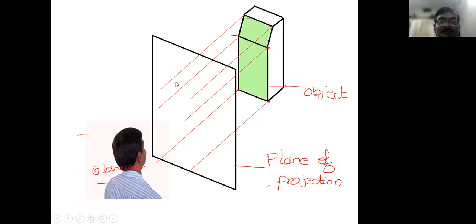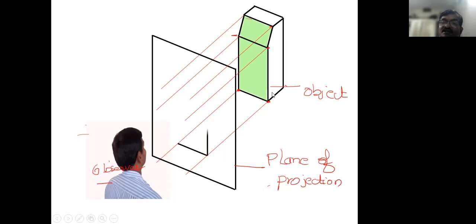Now on the plane we have to draw the views. On the plane, parallel to this object, from here to here we draw the edge, corner to corner, the same parallel line, but drawn on the plane of projection, on the glass piece.